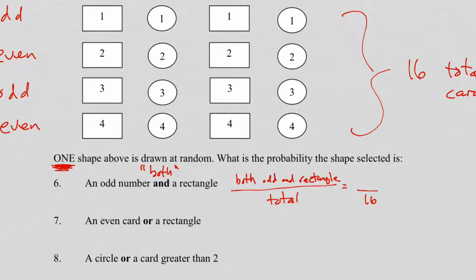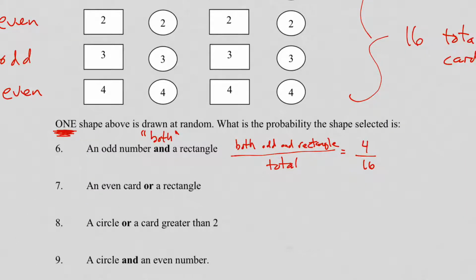We can just ignore the circles. Go to the rectangles. How many are odd? 4. Okay. There's odd circles, but it has to be both rectangle and odd. So we're only looking at the rectangles and the odd ones, and that's just 4 over 16. So what's 4 over 16 reduced, guys? 1/4. Okay.